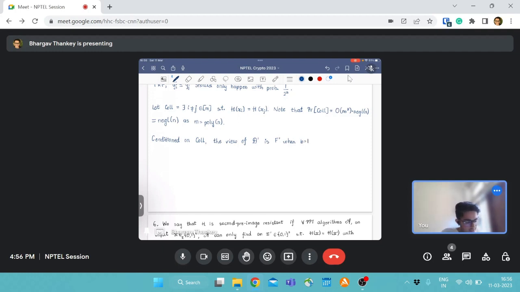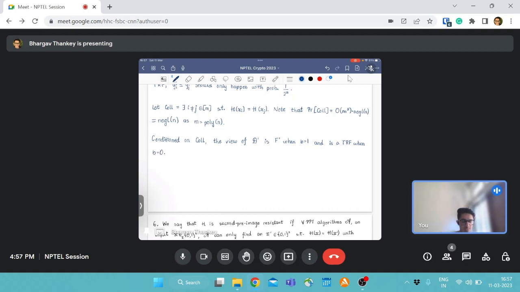That is, when it's interacting with a PRF, and more importantly, a TRF when b is equal to 0.